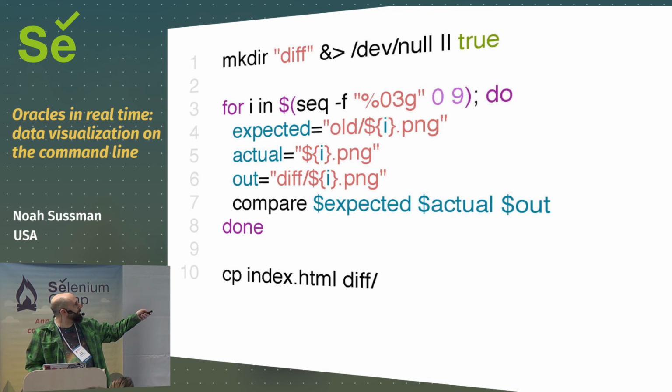And then these lines are just setting up the file names, because Codeception names the files 000, 001. So this creates those names and interpolates them into the files, and then I'm running that same compare command. And then I'm reusing the index HTML file that Codeception creates when it gives you the screenshots.